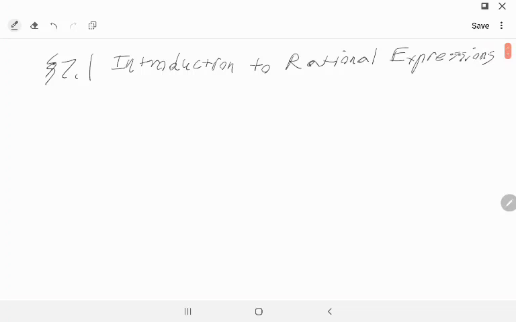We notice that a rational expression is just a quotient of polynomials.